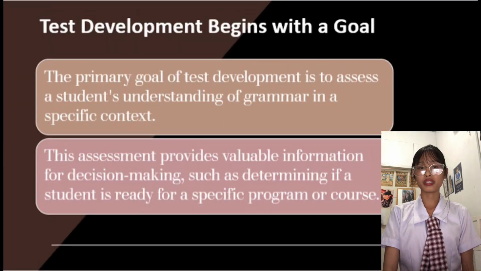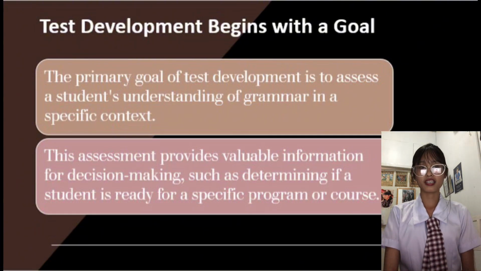Test development begins with a goal. The primary goal of test development is to assess a student's understanding of grammar in a specific context. This means that the test needs to be designed to measure how well students can use grammar in a particular situation, not just their knowledge of grammar rules in isolation.